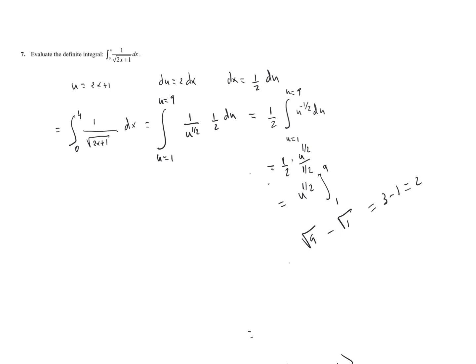It says x equals 0 to x equals 4. But if you choose u to be 2x plus 1, when x equals 0, u is 1, and when x equals 4, u is 9. So the integral is from u equal 1 to u equal 9. You do it, and the result is 2.